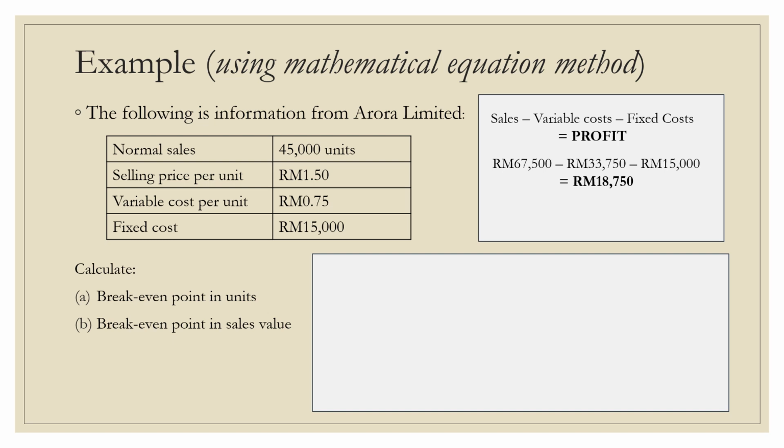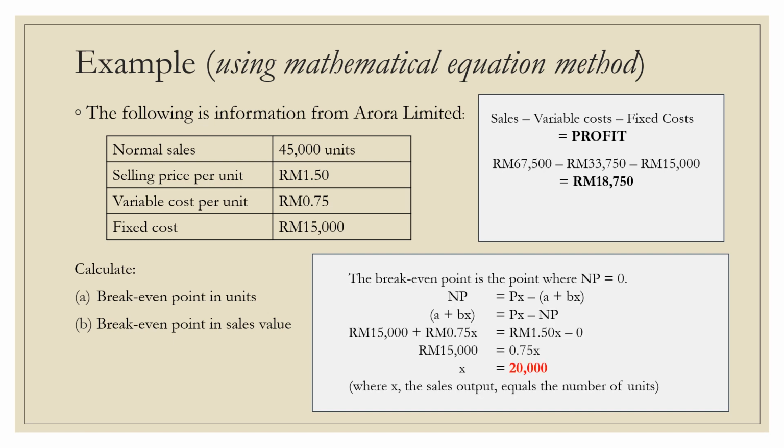But the question asks you to calculate the break-even point in units. So what you need to do is look at how we derive the calculation to get 20,000, which is the point where net profit is zero. The formula for net profit equals P times X minus (A plus BX).